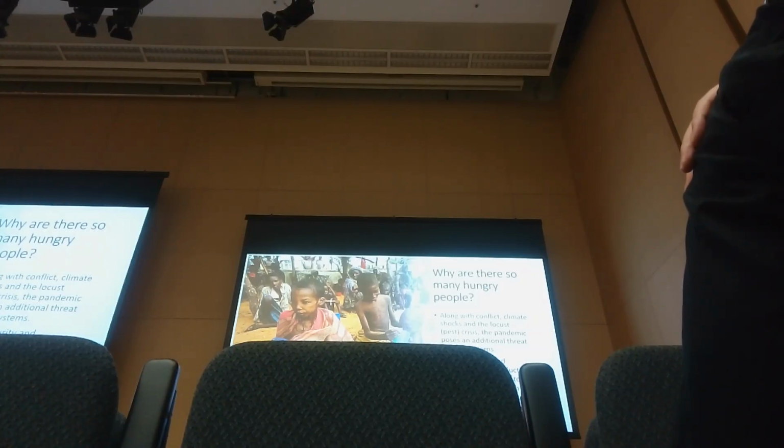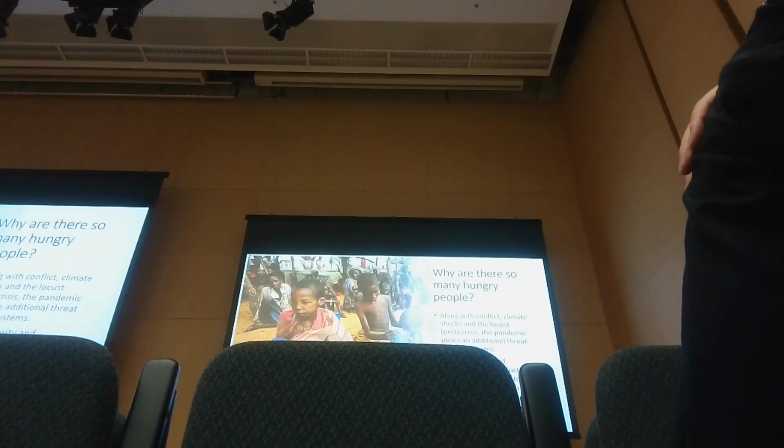They may contribute to these hunger problems, right? The pandemic also posed an additional threat to the food system. So those people will have less access to food, right? That's a contributing factor.